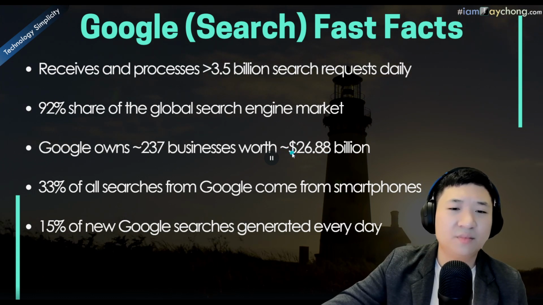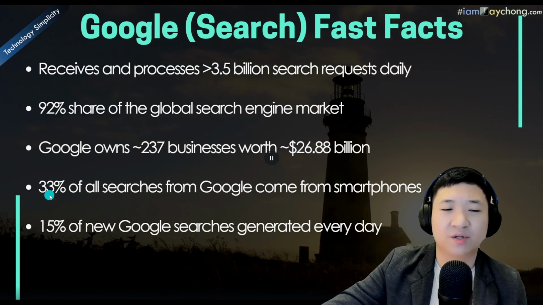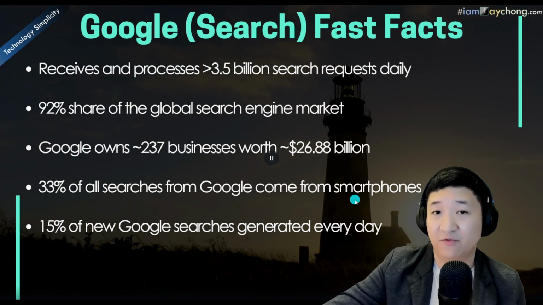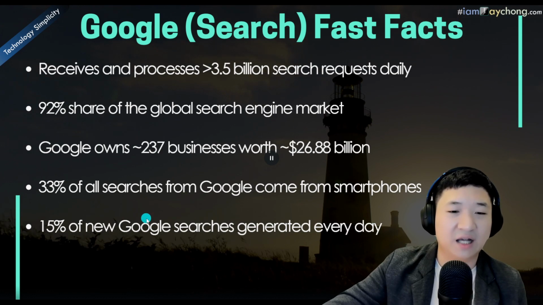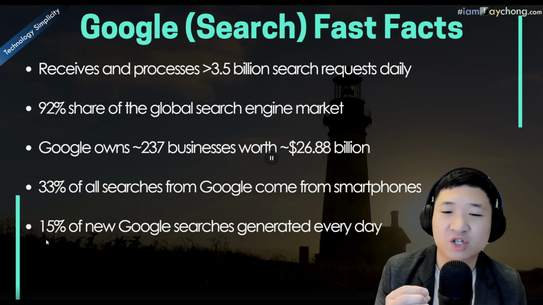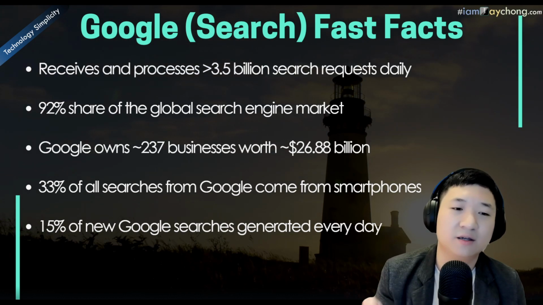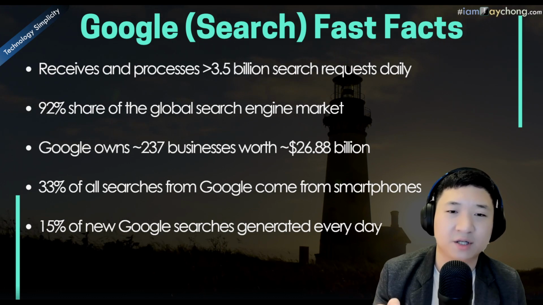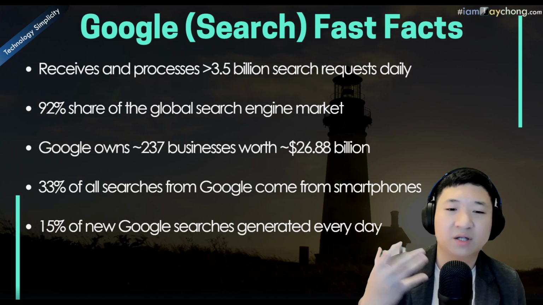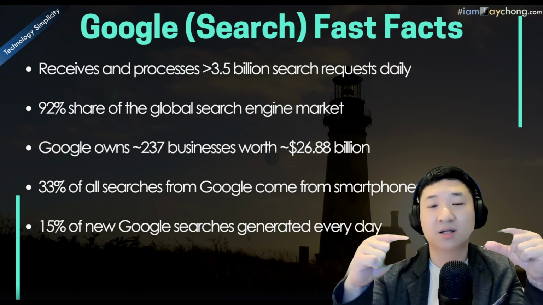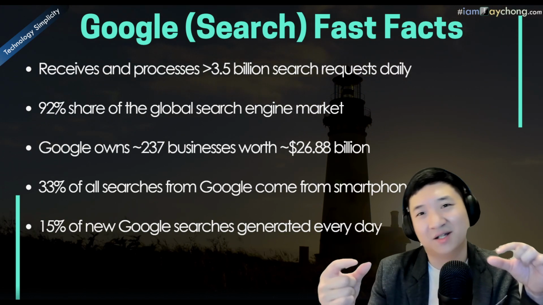Just for information, 33% of searches on Google come from smartphones. And lastly, 15% of Google searches generated every day are new, which means every day Google needs to learn something new in terms of queries. A Google search, or query, is something like when you try to search for something like what is technology simplicity.